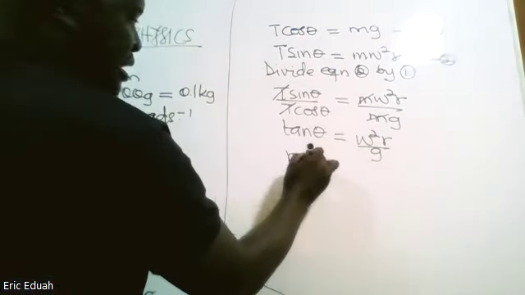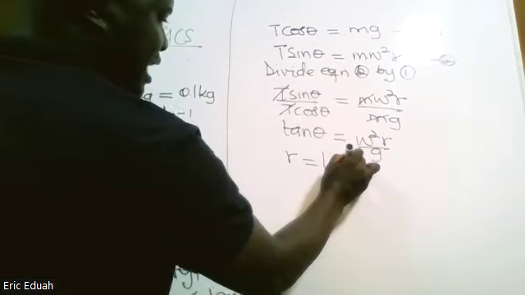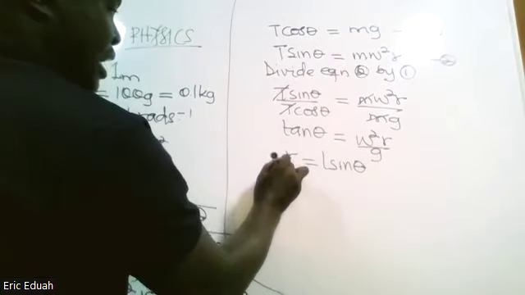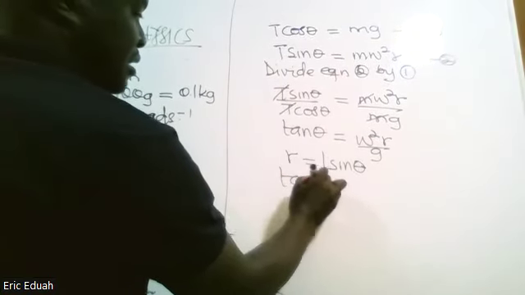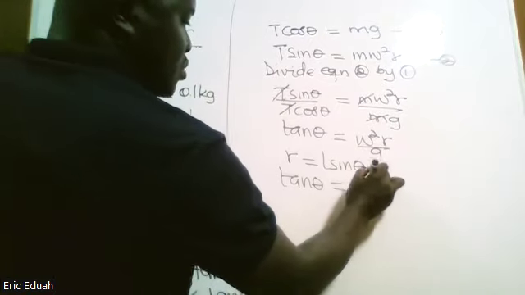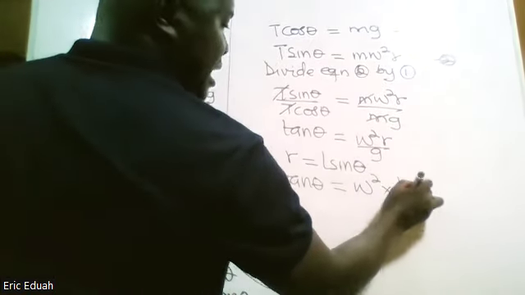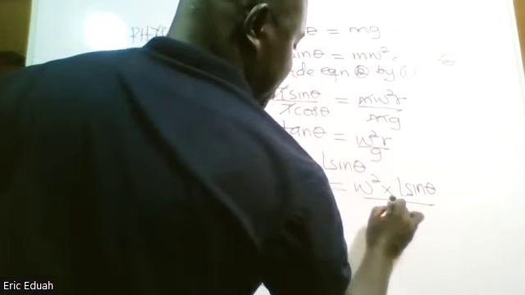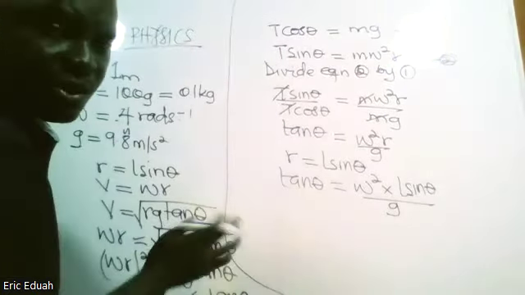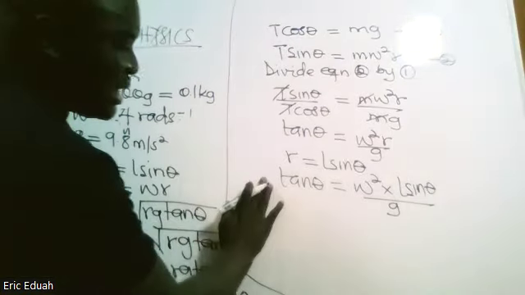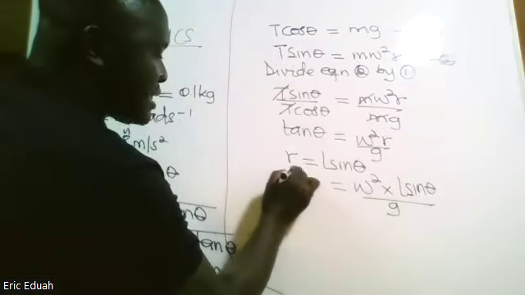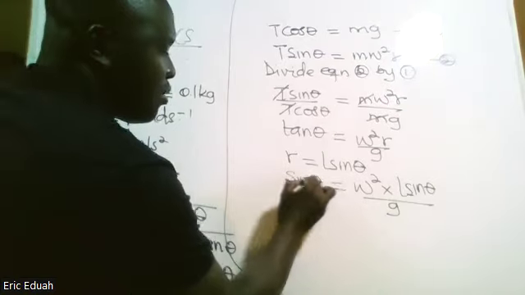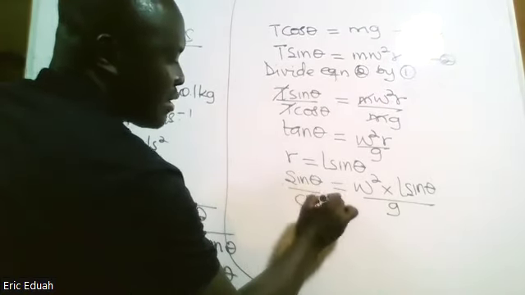Because R is equal to L sine theta, we have tan theta is equal to omega squared times L sine theta, all over G. At least we all understand that tan theta is sine theta over cos theta.